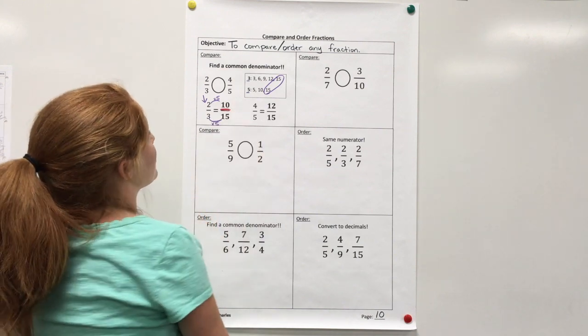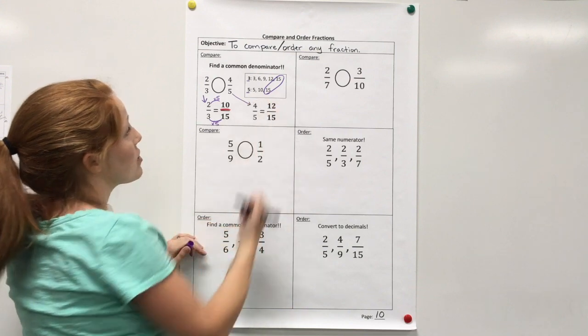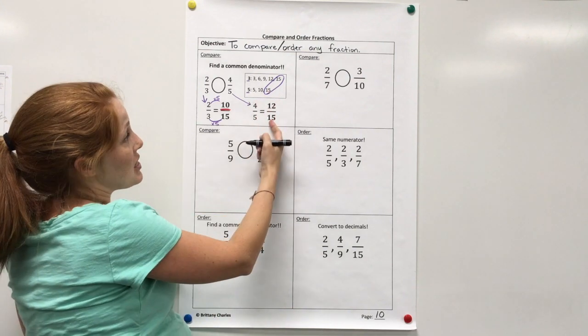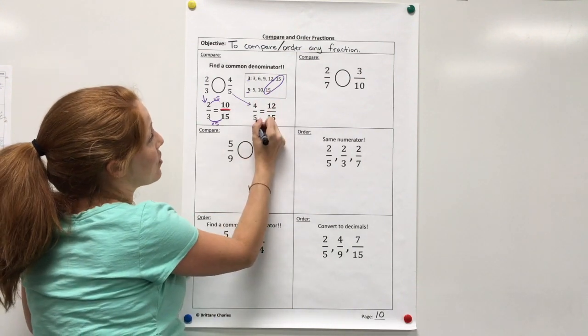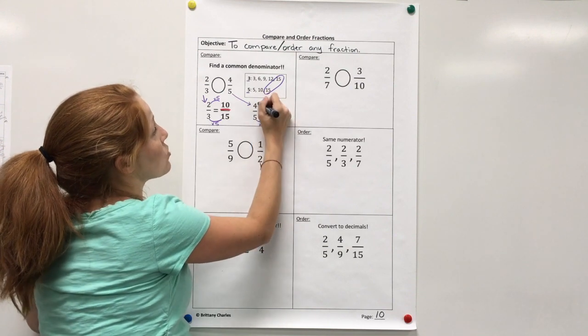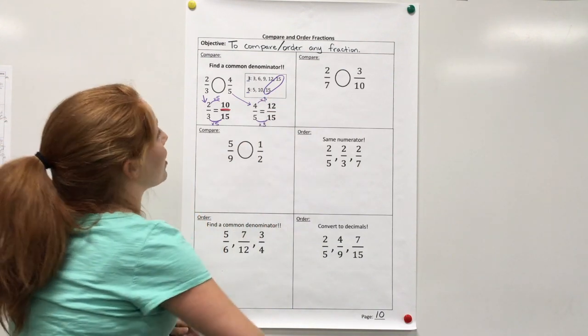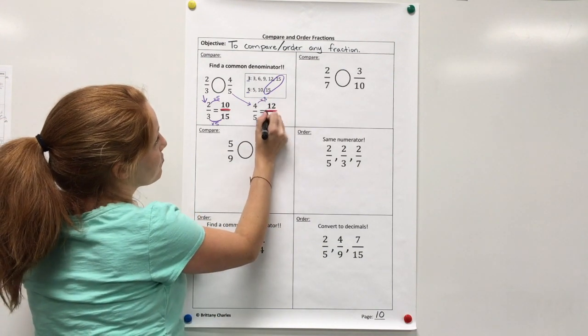And then I do the same thing to the other fraction. I pull this down over here, and 15 again is my new denominator. How did I get there? 5, 10, 15, so that's times 3. So I did times 3 up here, and 4 times 3 is 12, so that's where this 12 came from.